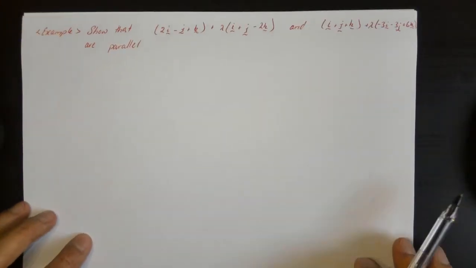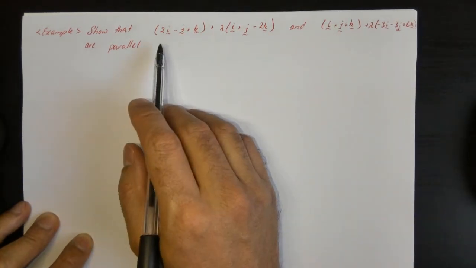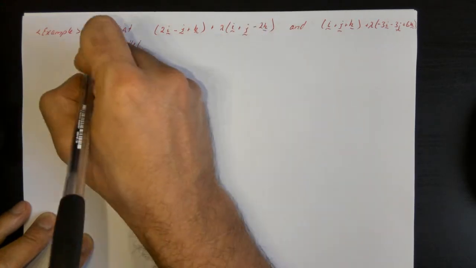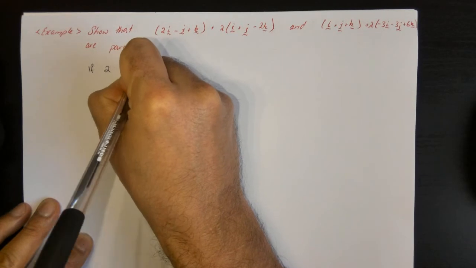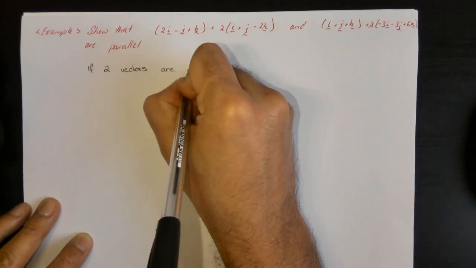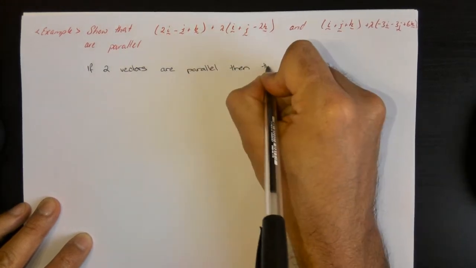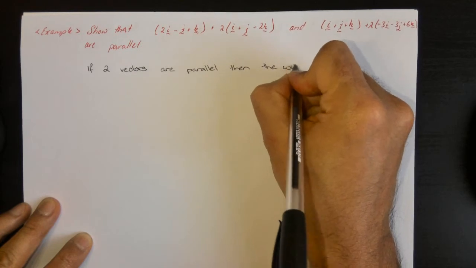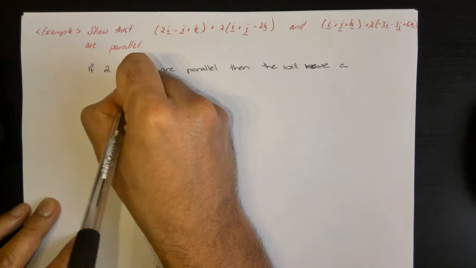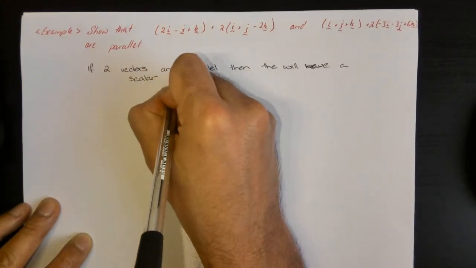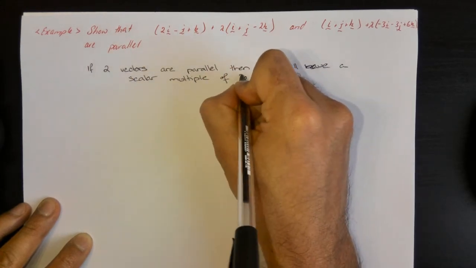All right, we want to show that this vector and this vector are parallel. So if they are parallel, then they will have a scalar multiple of lambda.